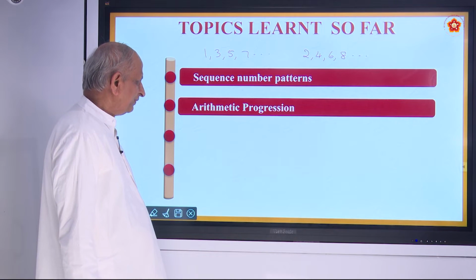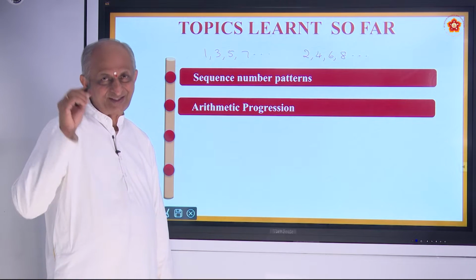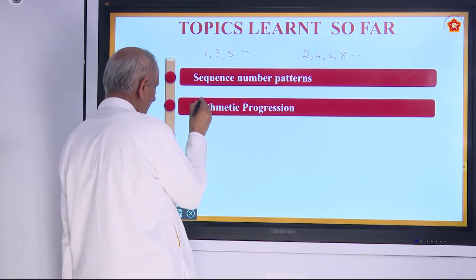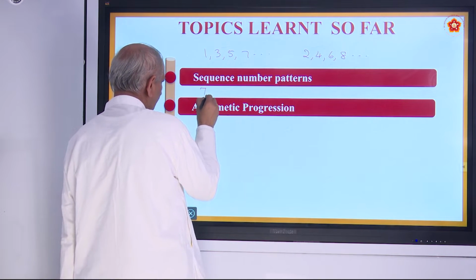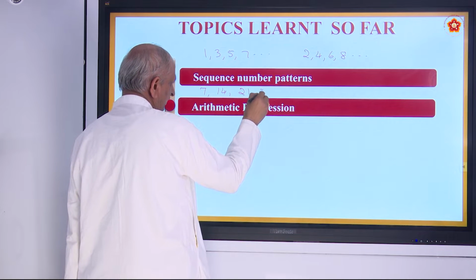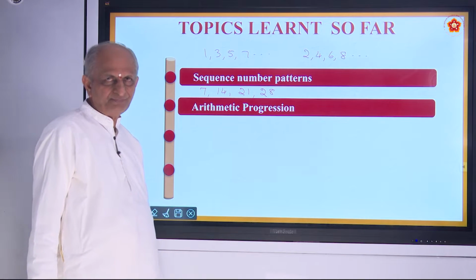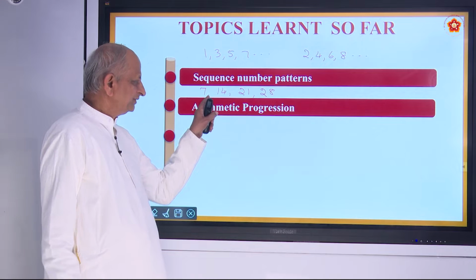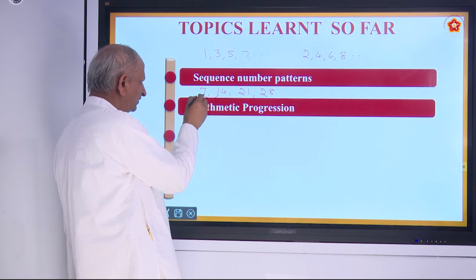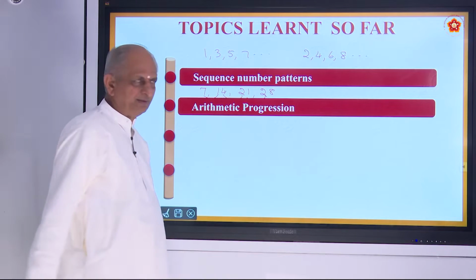And also you have seen what is called arithmetic progression, where there is a regular gradation. If the difference between two consecutive numbers is the same, suppose you have 7, 14, 21, 28 etc. Here what is the first term? A, that you keep as it is. The difference between second and first is equal to third and second is equal to fourth and third.